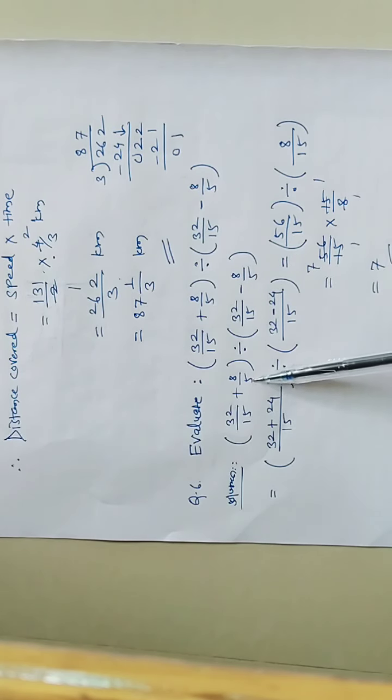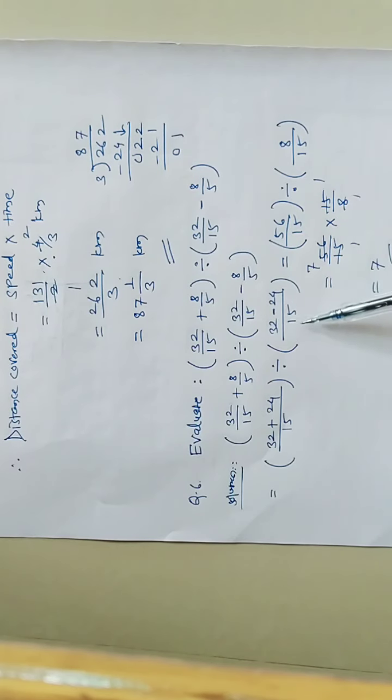Here the LCM of 5 and 15 is 15. 15 ones are 15, 1 multiplied by 32. So it is 32 plus 5 3s are 15, 3 multiplied by 8, 24, divided by the same LCM of 5 and 15, which is 15.